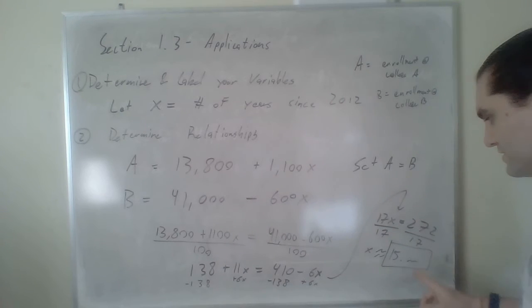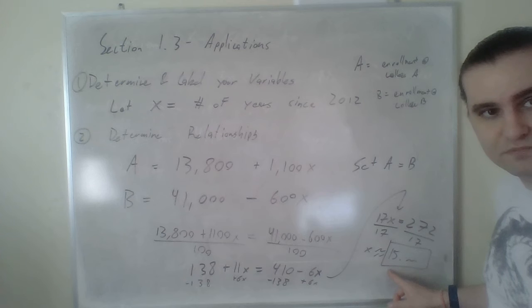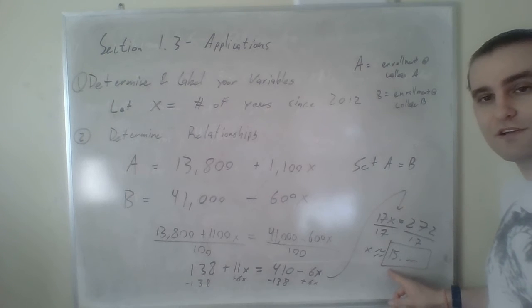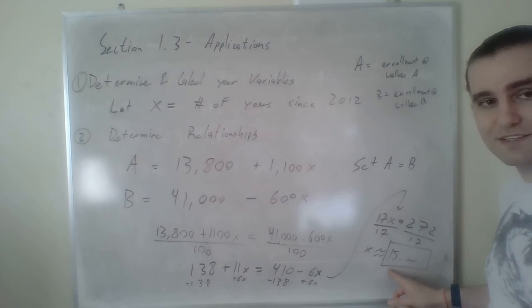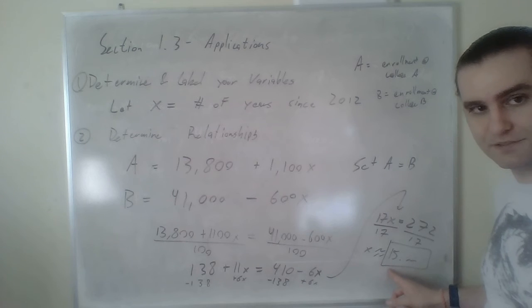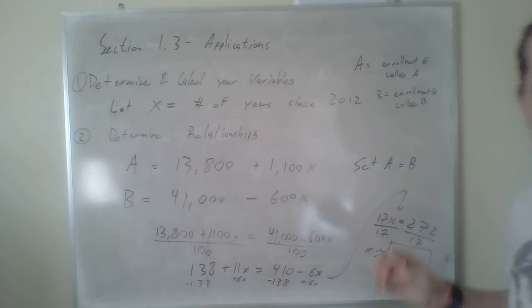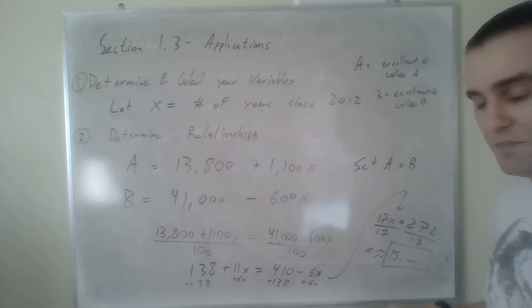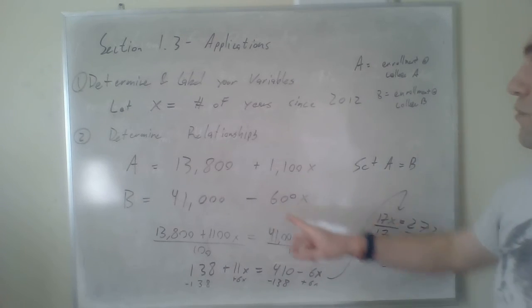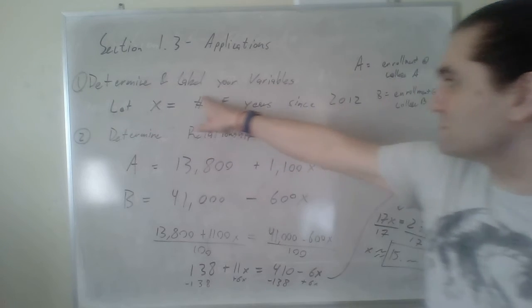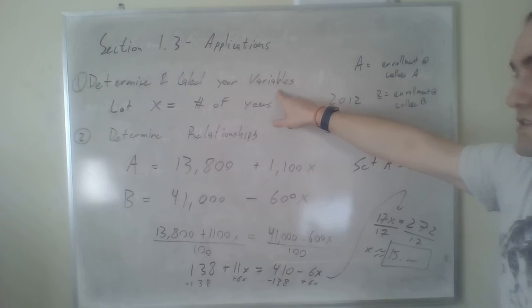The answer to that question is not 15. I'm pretty sure neither college A nor college B existed in the year 15. The year in which their enrollments will be the same depends on what x means, which is why this is still the first and most important instruction I can give you for doing these things.